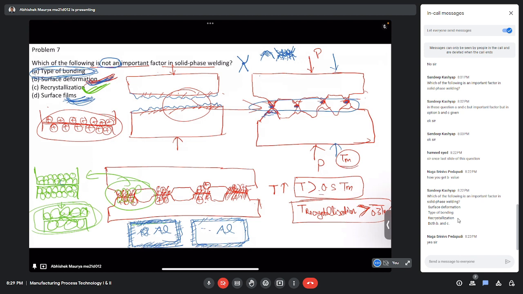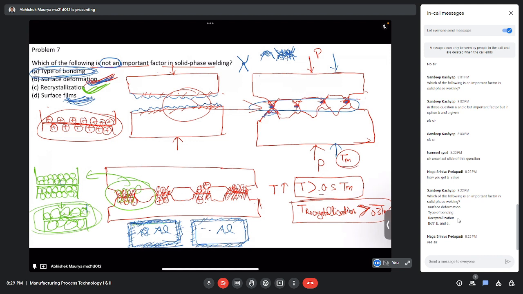temperature is high, then the grain size may alter, and because of that, again the strength of the bond will get affected. If the grain size becomes coarser, then the material will become more ductile.